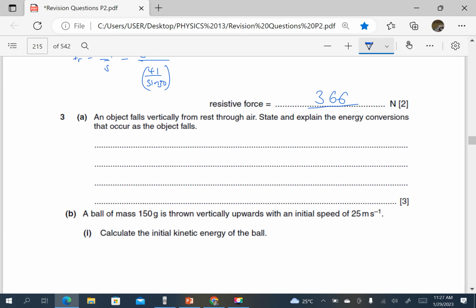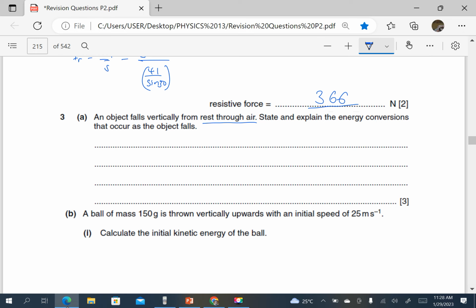Part 2, an object falls vertically from rest through air. State and explain the energy conversions that occur as the object falls. It falls from rest from a certain height, which means it initially had gravitational potential energy, which is going to decrease as it falls. As it decreases, it gains speed.